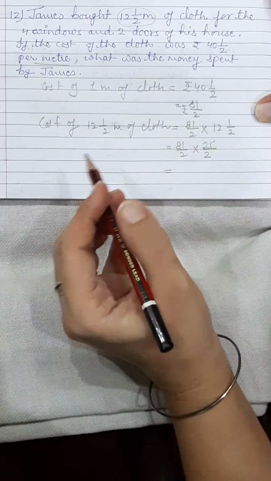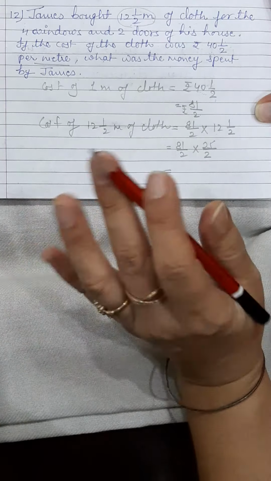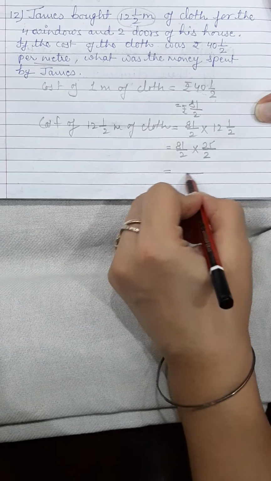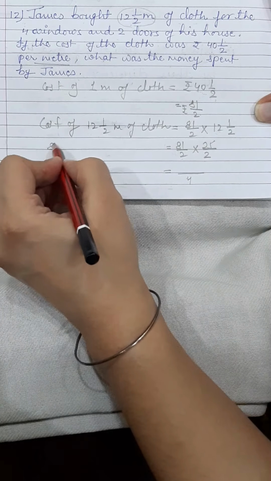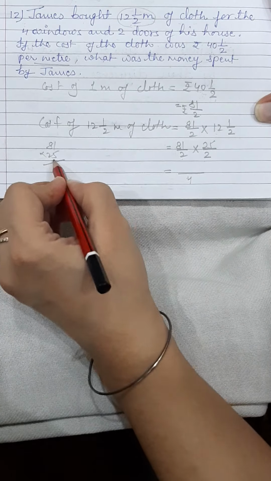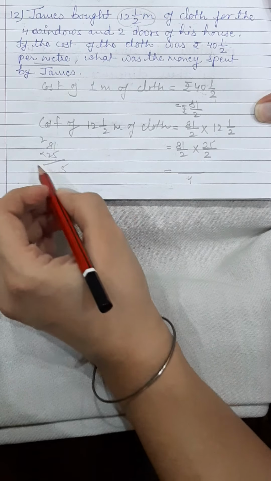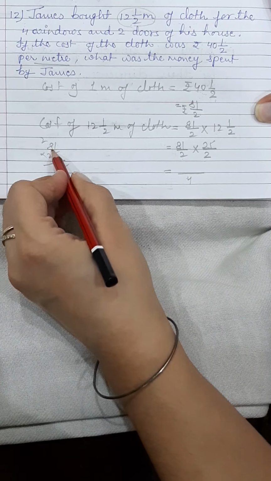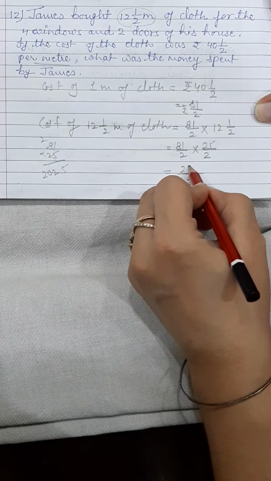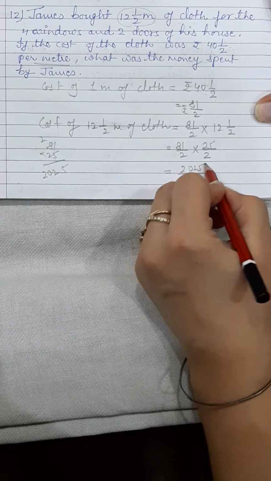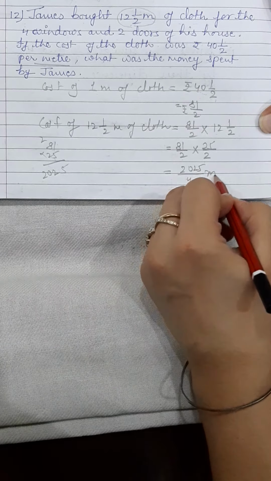Can you cancel any numerator and denominator? No. So you have to just multiply. 2 2s are 4 and 81 into 25: 25 1s are 25, 25 8s are 200, 200 plus 25, 2025 by 4 will come, right?